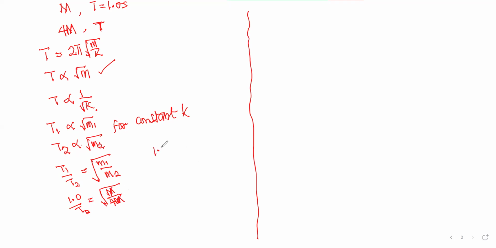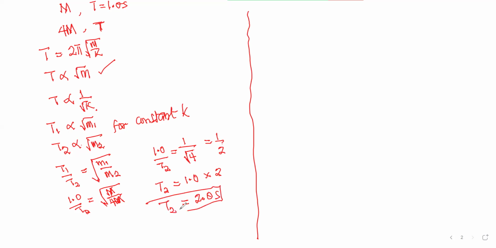So 1.0 over T2 would be equal to 1 over root of 4. And since root of 4 is 2, we'll have T2 being equal to 1.0 seconds times 2, giving us 2.0 seconds as a new period, when the mass changes by that amount.